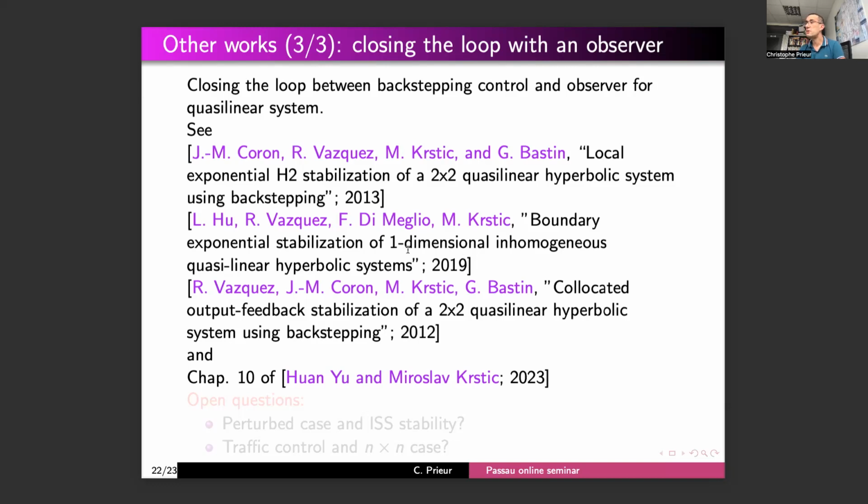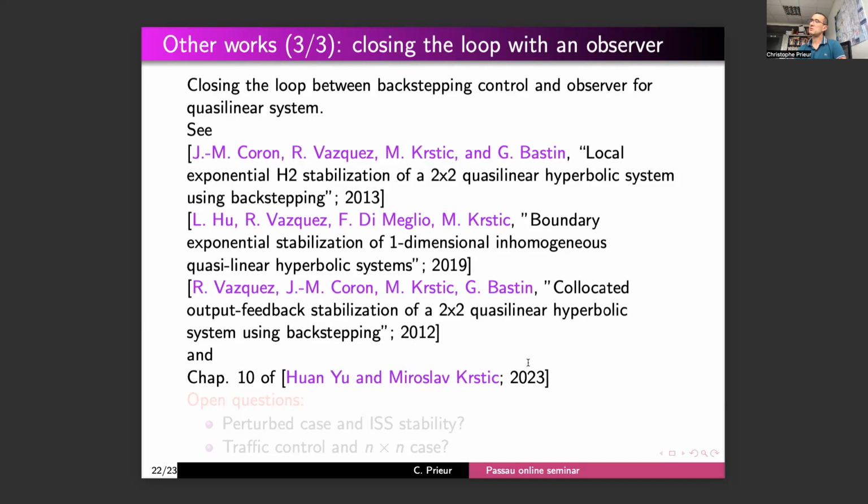Then for 1D inhomogeneous quasi-linear hyperbolic systems, this approach has been generalized in this paper. You can also consider this work, where you have a similar result for 2 by 2 quasi-linear systems. And again, this approach has been described in a very elegant way in chapter 10 of this book.